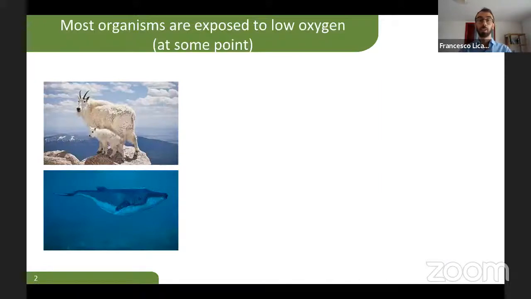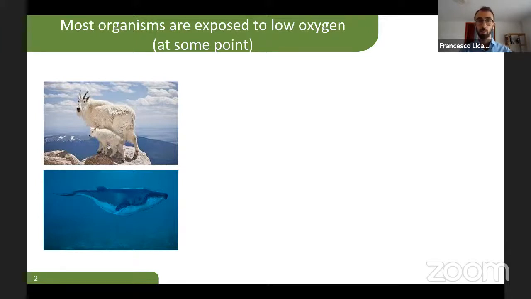However, despite the fact that oxygen is so abundant on Earth, oftentimes organisms at a certain point in their life experience low oxygen conditions that we define as hypoxia. And this is typically caused by limitations in oxygen availability in the environment.